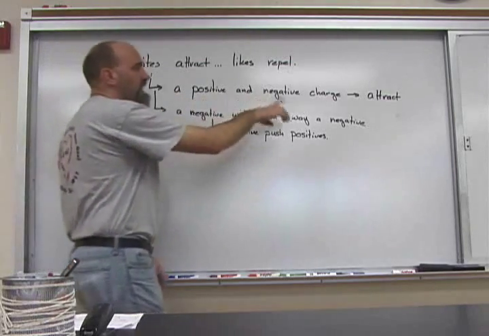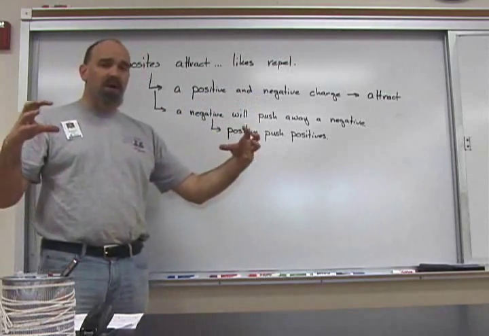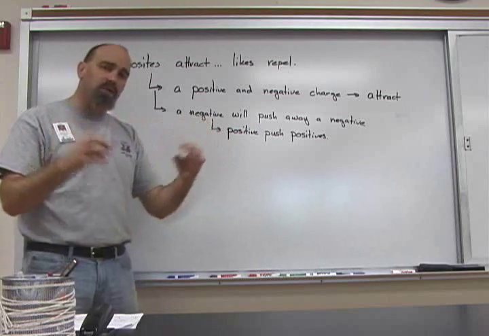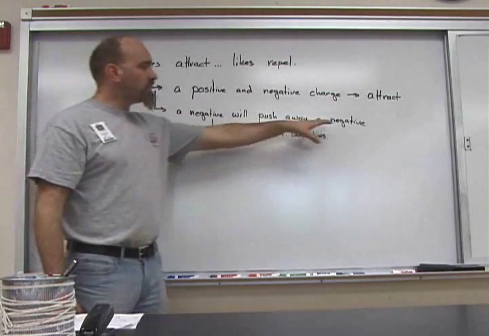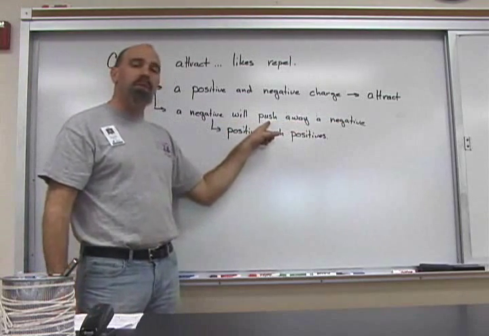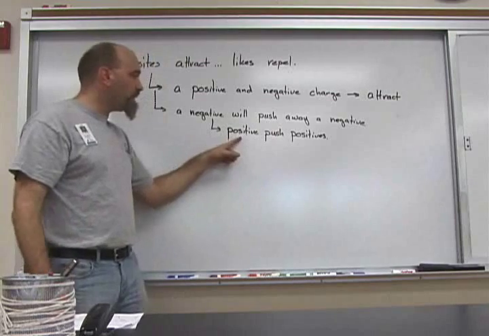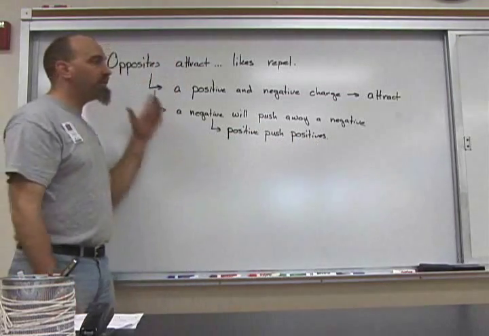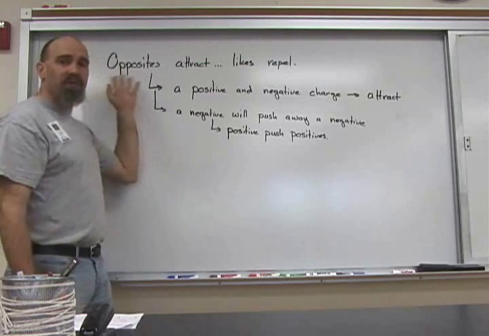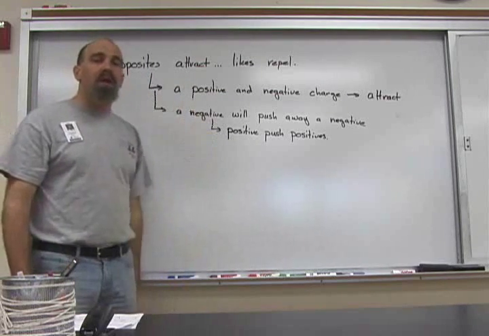So, a positive and a negative charge tend to attract each other, want to move towards each other. But if you bring a negative charge close to a negative charge, they're going to push away from each other. The flip side is if you bring a positive next to a positive, they're going to push as well. And so that's how we talk about opposites attract and likes repel in physics.